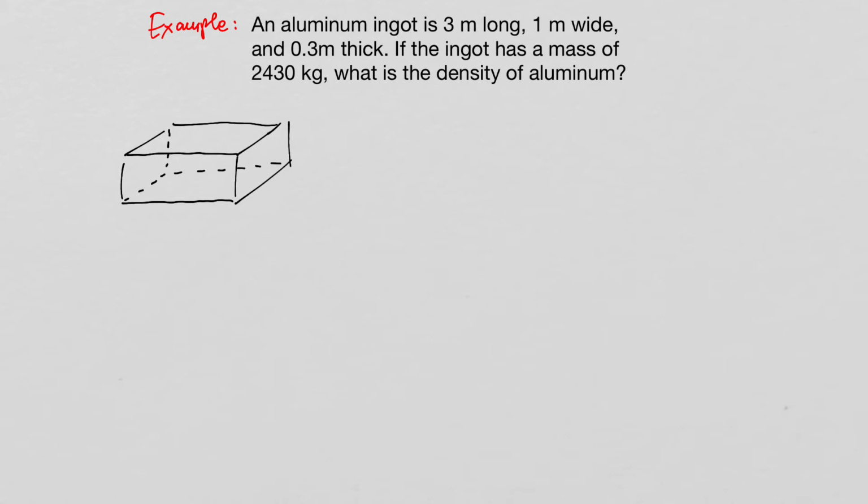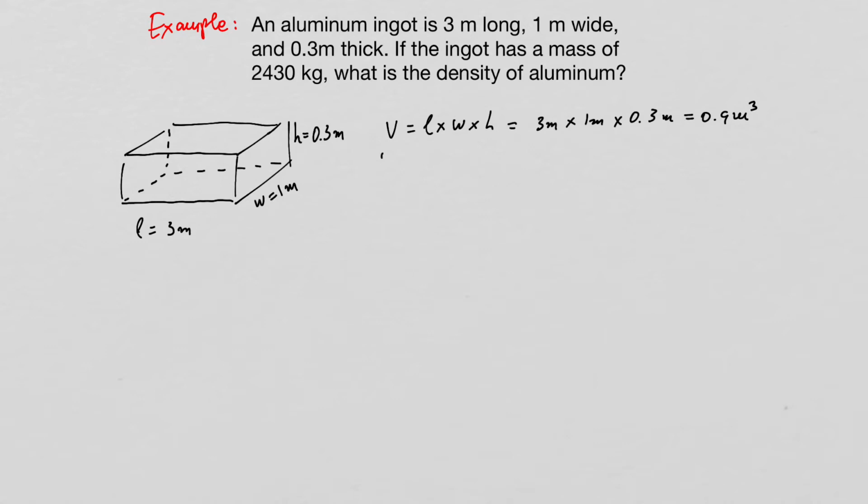So we know the length is 3 meters, the width is 1 meter, and then the height is 0.3 meters, or the thickness. So the volume is calculated as the product of length, width, and height. So this will be 3 meters times 1 meter times 0.3 meters, which is equal to 0.9 cubic meters.